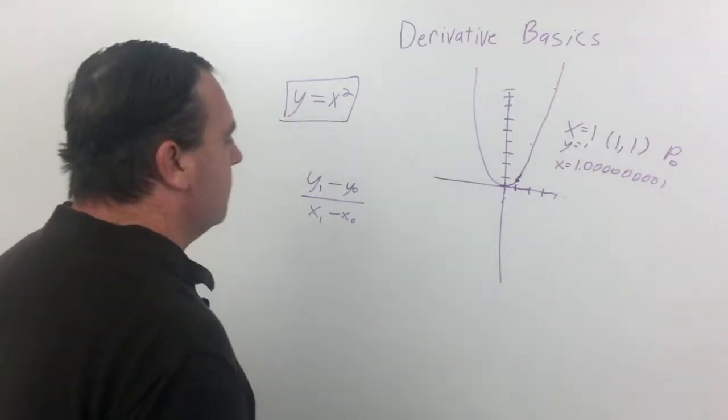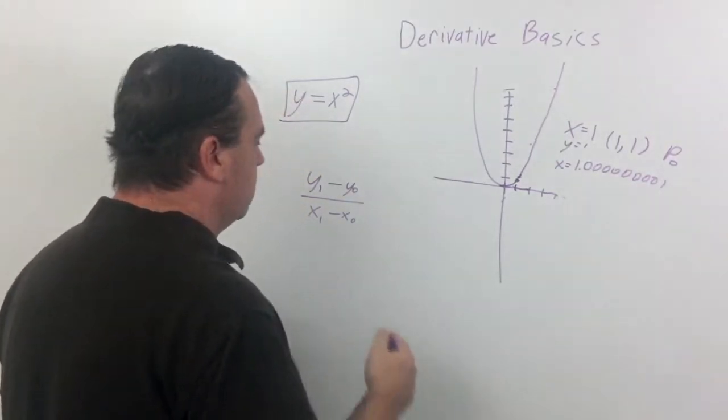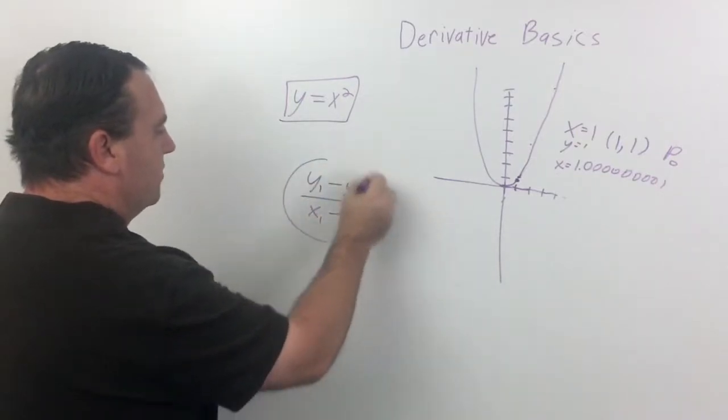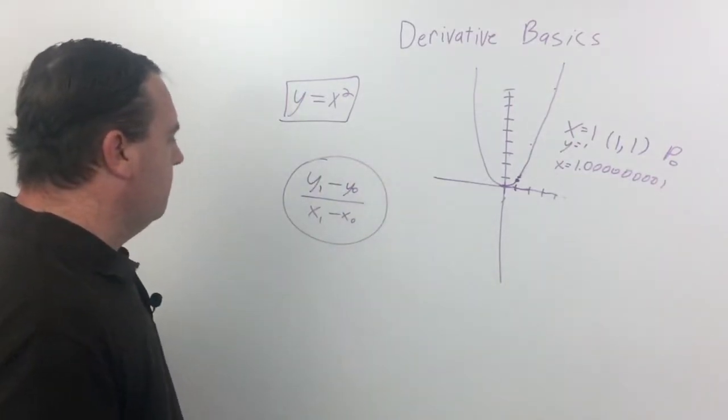So let's say that we want a formula. This is going to be the formula for the slope. Okay.